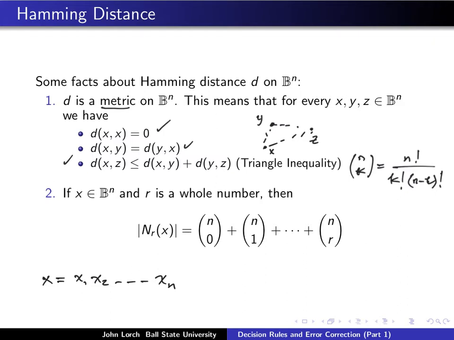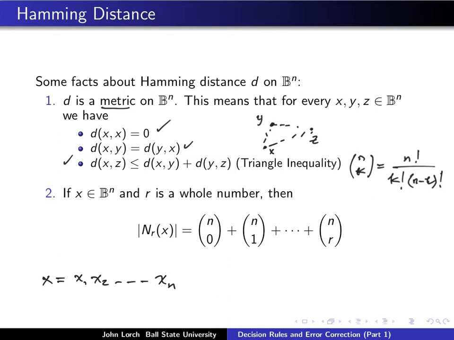So that's going to be the set of strings of distance exactly 0 from x, together with the strings of distance exactly 1 from x, together with the strings of distance exactly 2 from x, up until you get to the strings of distance exactly r from x.